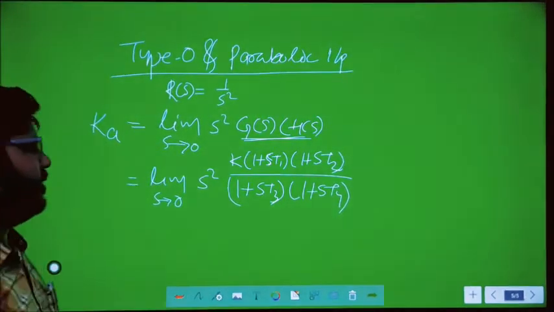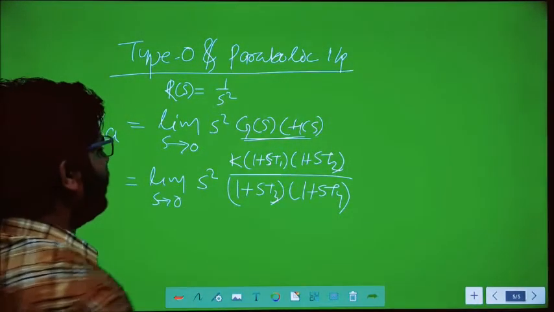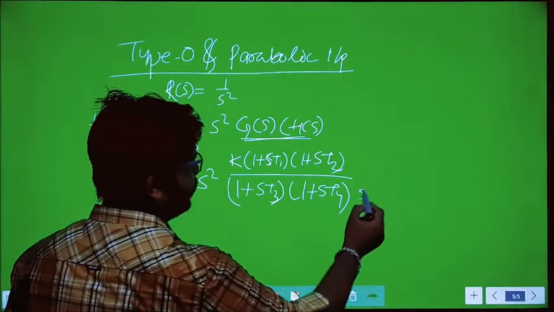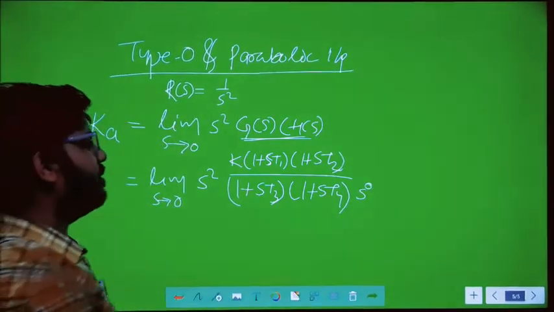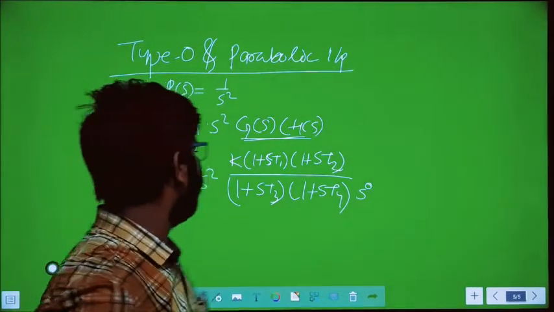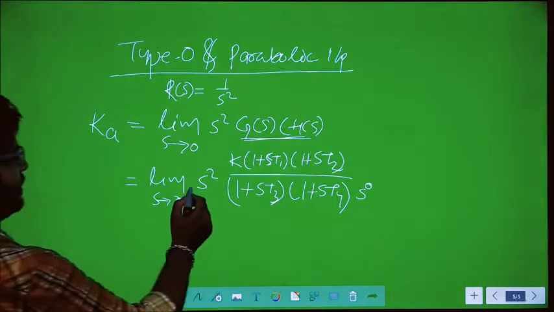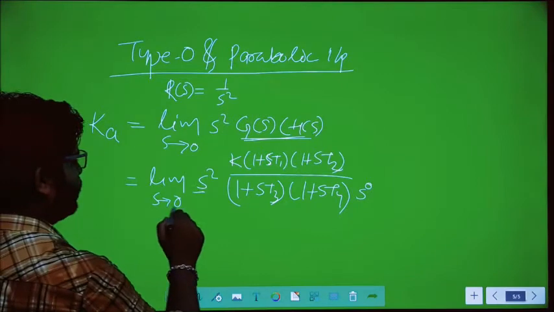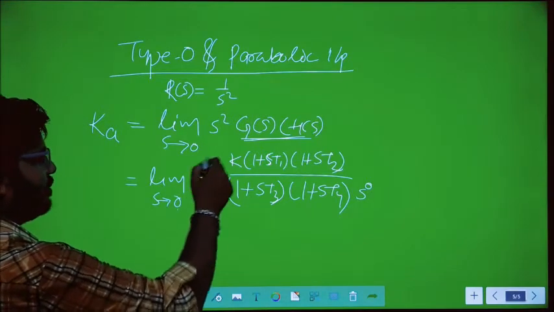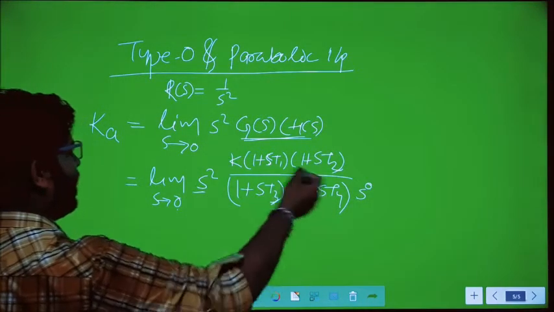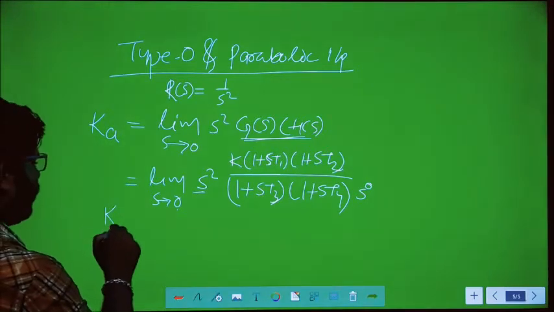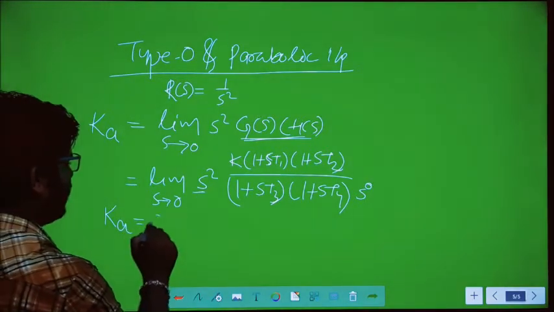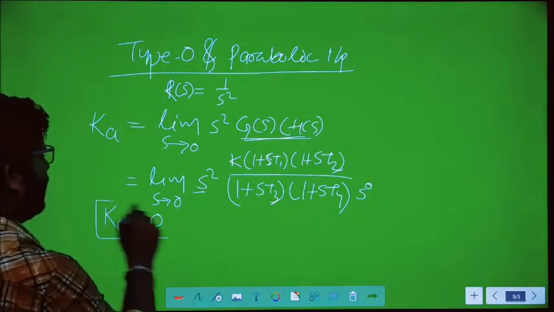Simple. Whatever is inside, in the denominator I will have the s to the power 0 term. That is nothing but my type 0 system. So here this s square term is in the numerator, and if I apply s to 0, this term becomes 0, the whole multiplication becomes 0, and I find Ka is equal to 0. Clear?